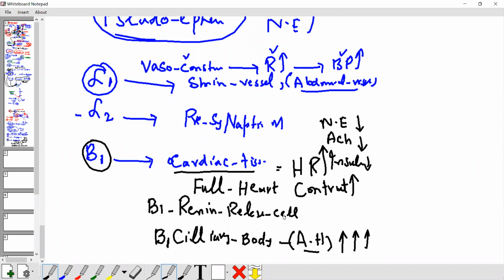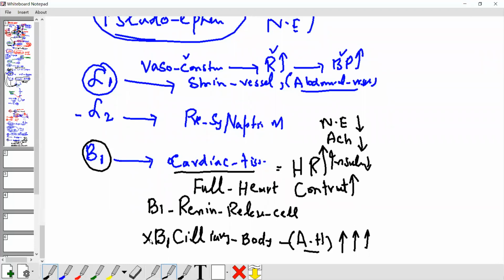If you stimulate beta 1, is it good for glaucoma? No. If you stimulate alpha 1, it's not good for glaucoma either. It means sympathetic system agonists are not good for glaucoma. Contraindicated. Done?